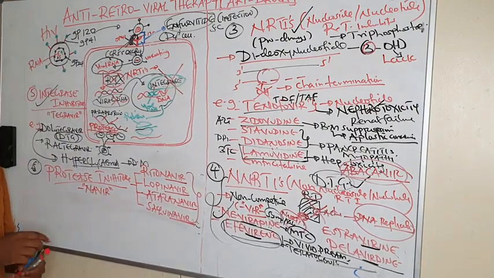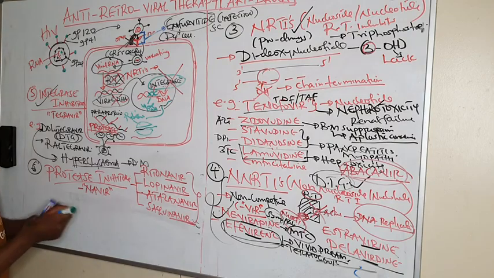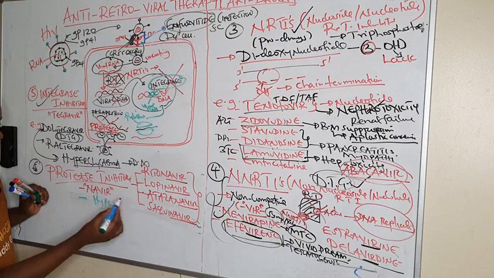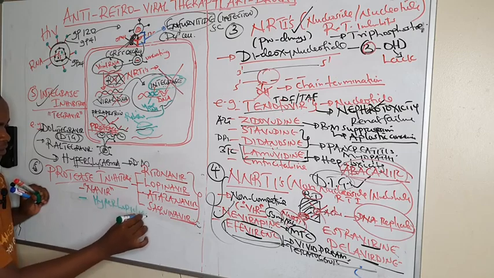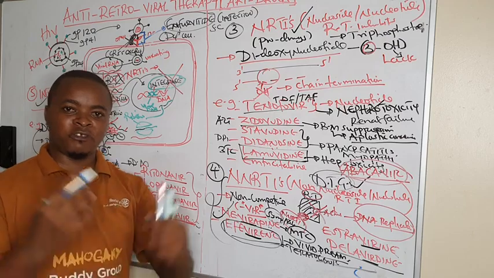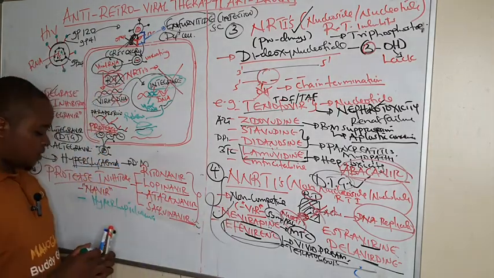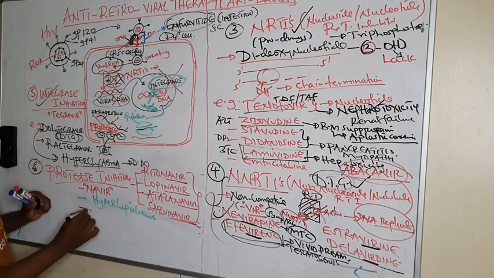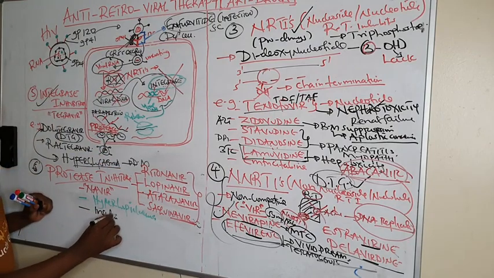And we've seen its major side effect. These guys can cause hyperglycemia, or we can begin with hyperlipidemia. So when you are on them, you can end up becoming obese or very fat because they increase the fat levels in the body. Another effect is they cause insulin resistance.